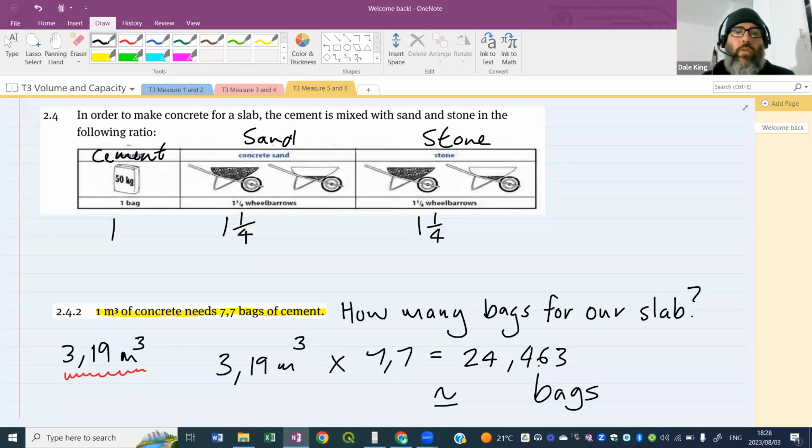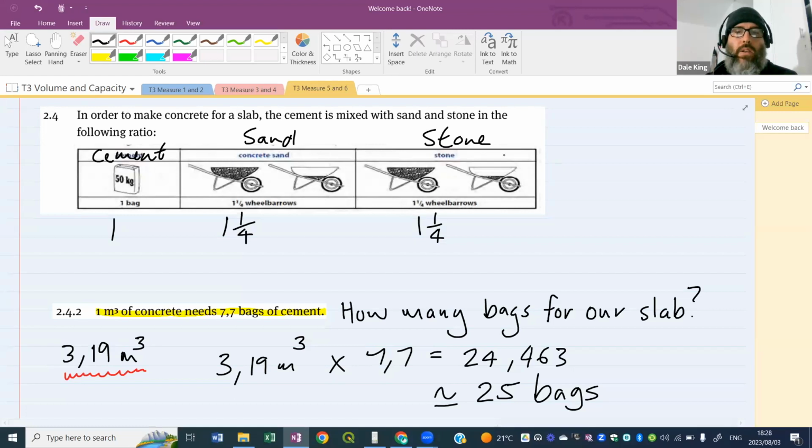Rounding off is different to rounding to complete the job. We can't round down to 24. We won't have enough, so in this case we go up to 25. Always round up, no matter how small that decimal is, because you're going to need enough for the job.